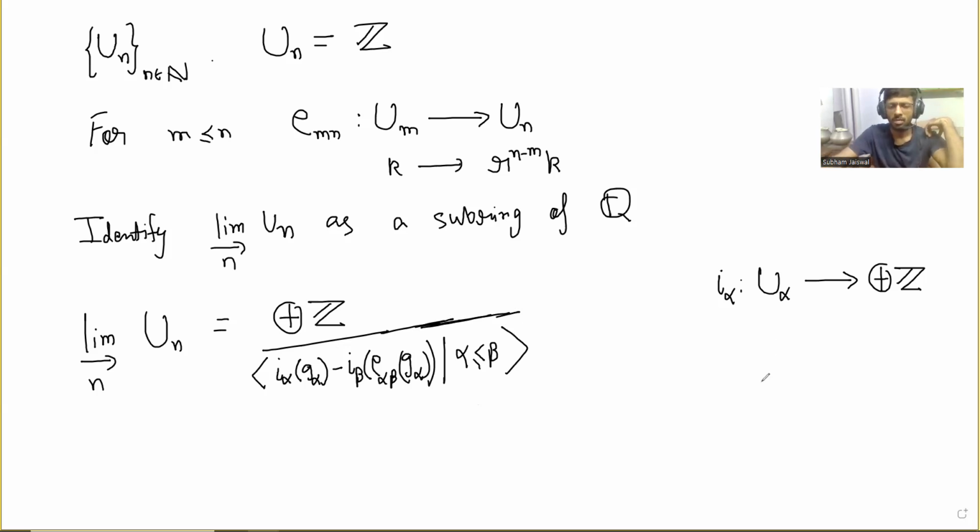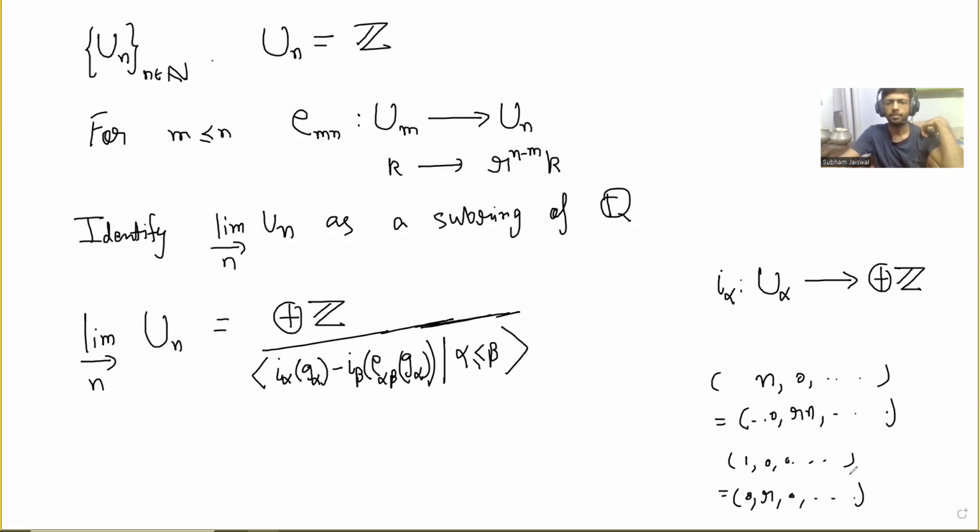So you are identifying these kinds of things, like 1,0,0,0 is identified with 0,R,0,0.